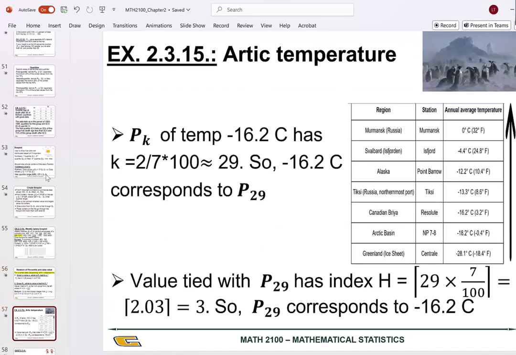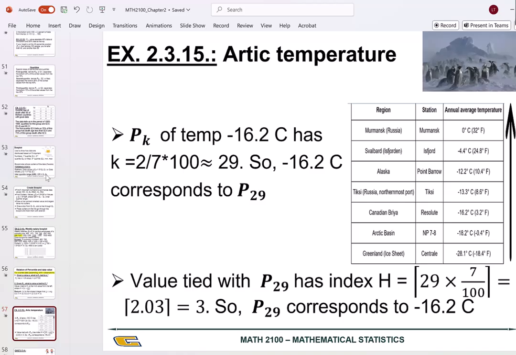So let's look at the example about Arctic temperature. In this case, we have real data from seven stations in the Arctic. We have temperature in both Celsius and Fahrenheit, in ascending order from the lowest, Greenland, to the highest, which is Murmansk.